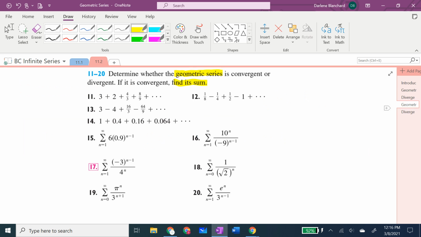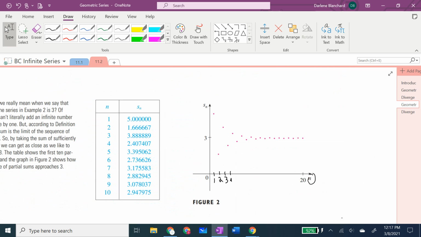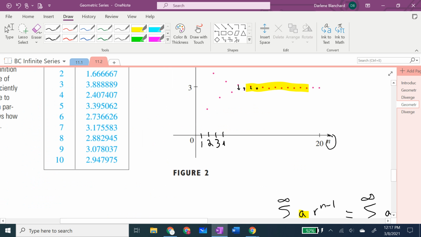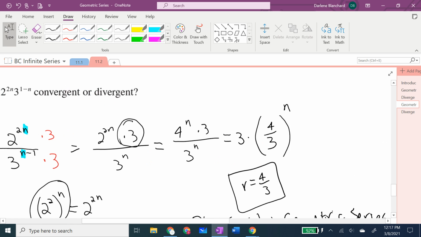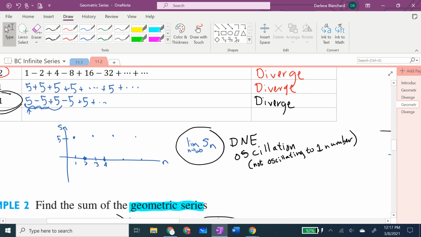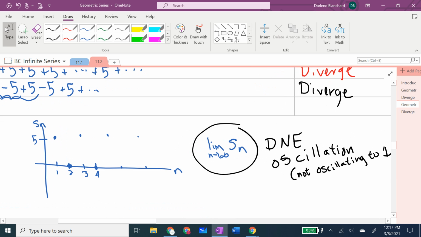And that goes back a little bit to the picture of this. In order to get a horizontal asymptote of 3, I had to continue to add smaller amounts. If I had not been able to continue to add smaller amounts, I would get an oscillation. Where did I put the other one? I will get an oscillation that does not head to one number.